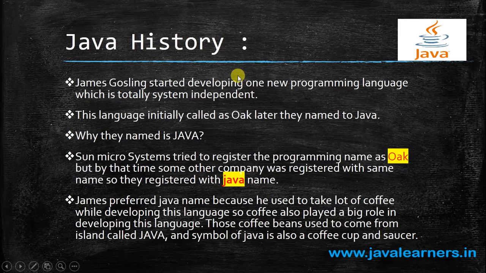Initially the programming language developed by James Gosling was called OAC, but later they named it Java. Why did they name it Java? Sun Microsystems tried to register the name OAC, but by that time some other company was already registered with that name.